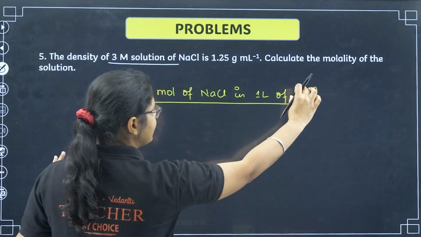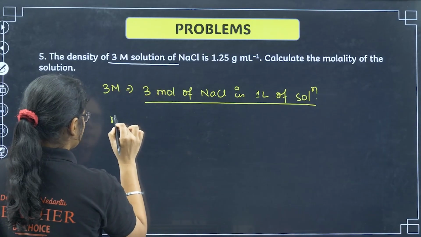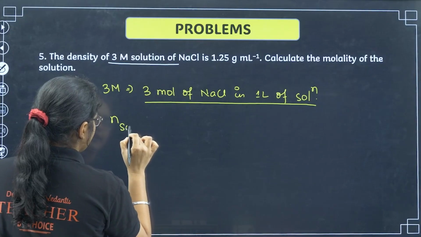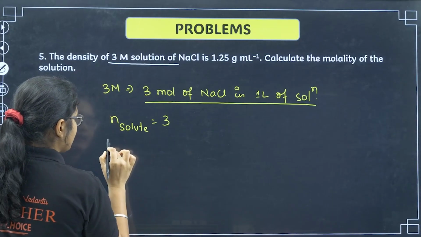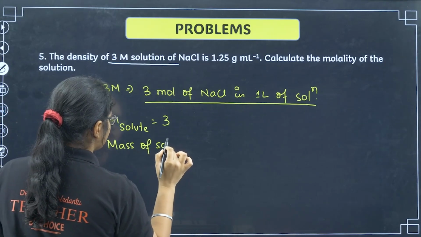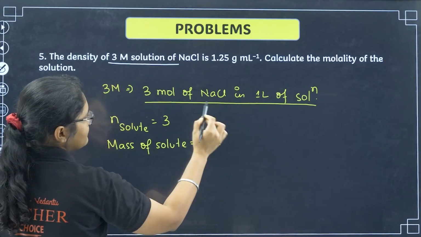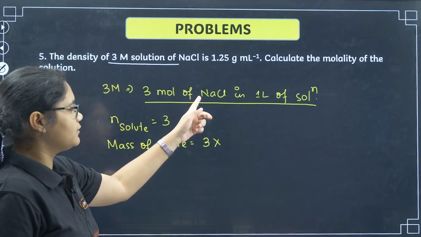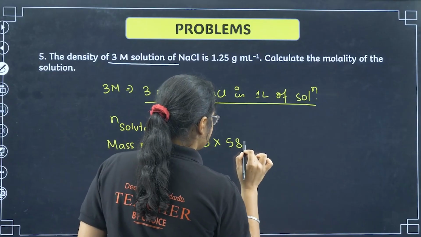From this one line, what all information can I derive? I can get the number of moles of solute, which is 3 moles. I can calculate the mass of the solute: 3 moles into the NaCl mass, 23 plus 35.5, that means 58.5, right?